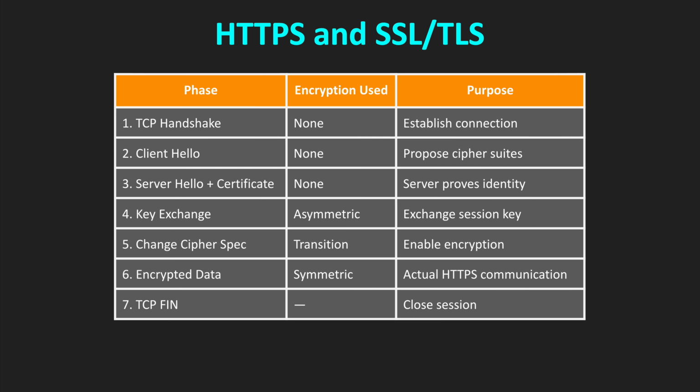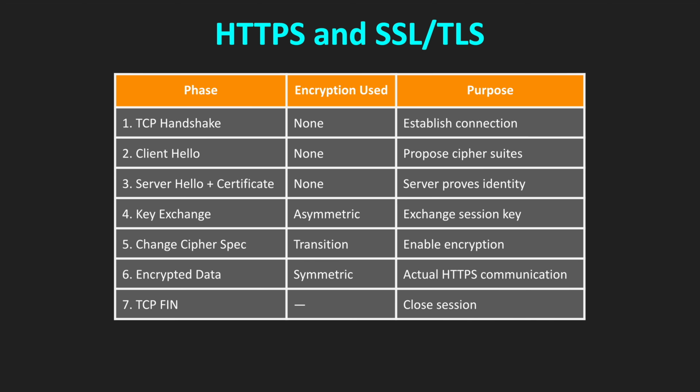We perform the TCP handshake and establish the connection, then the client sends hello, and the server responds with hello and shares the certificate, which contains the certificate authority and also the public key. Then, using the asymmetric algorithm, the client generates the secret and shares it with the server using the public key that it has received in the previous step.